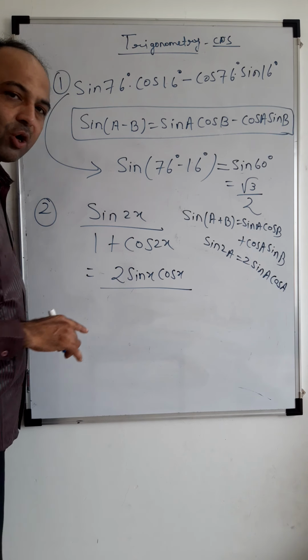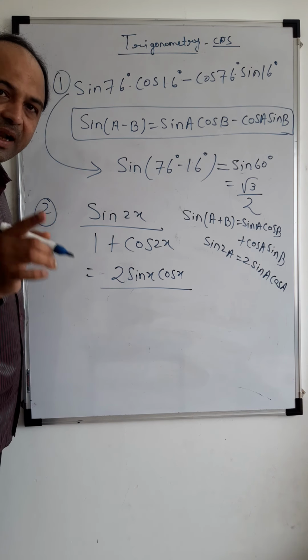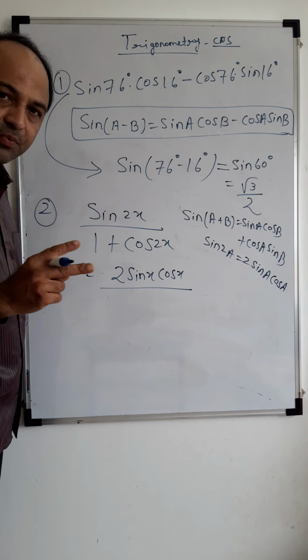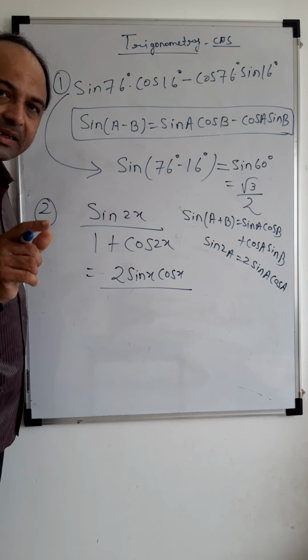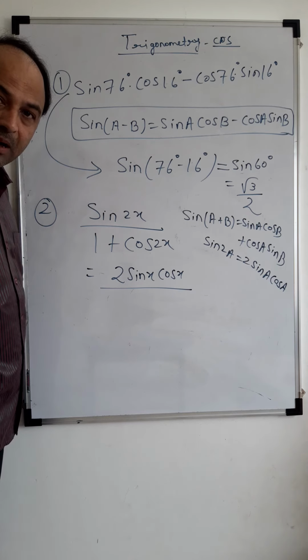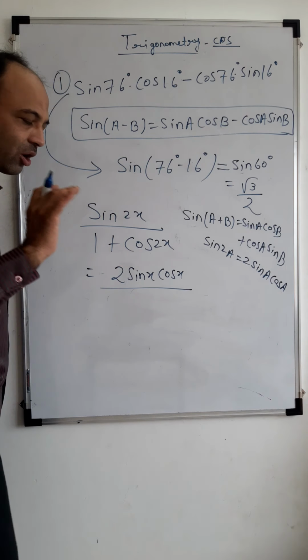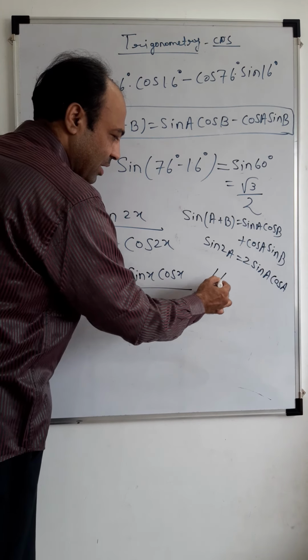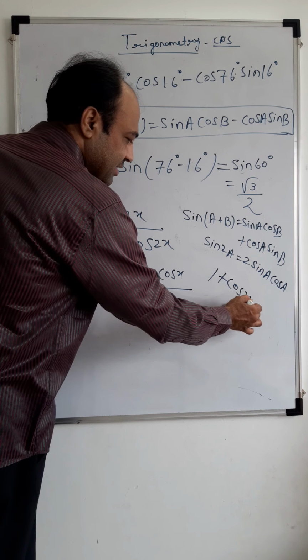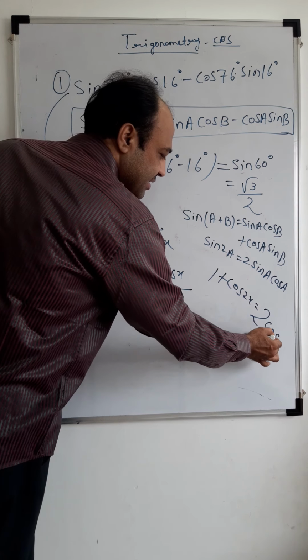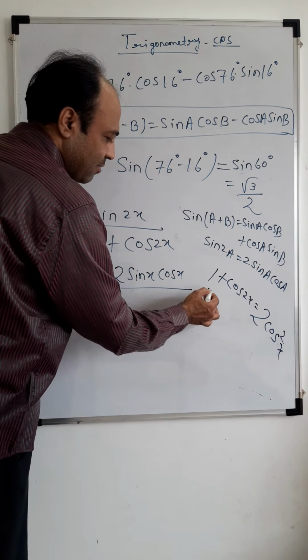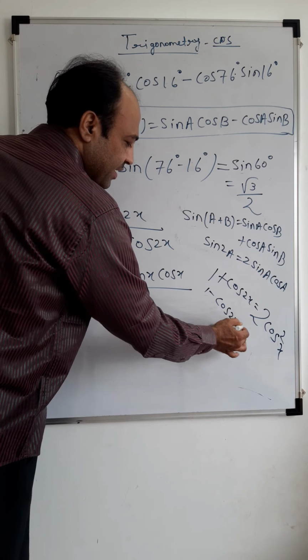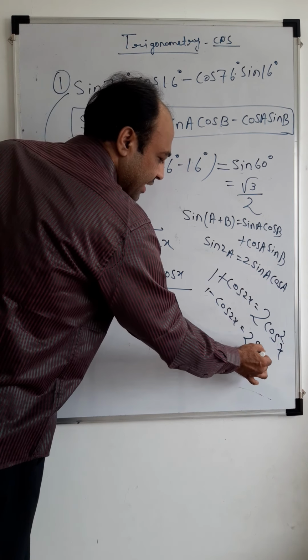Next we have 1 plus cos 2a and 1 minus cos 2a. Regarding these two formulas, I told you that this is oxygen, what we call. Always remember in trigonometry, 1 plus cos 2x is 2 cos square x, and 1 minus cos 2x is 2 sin square x.